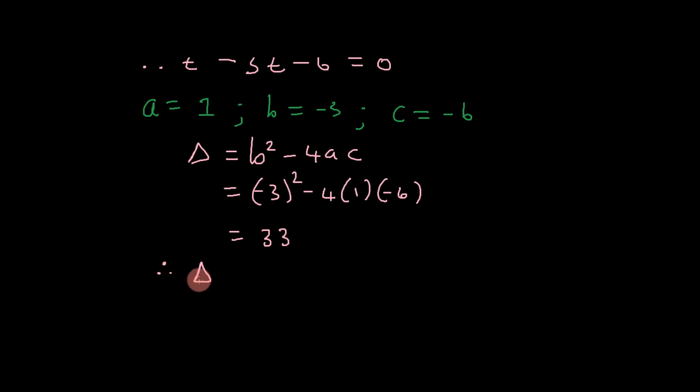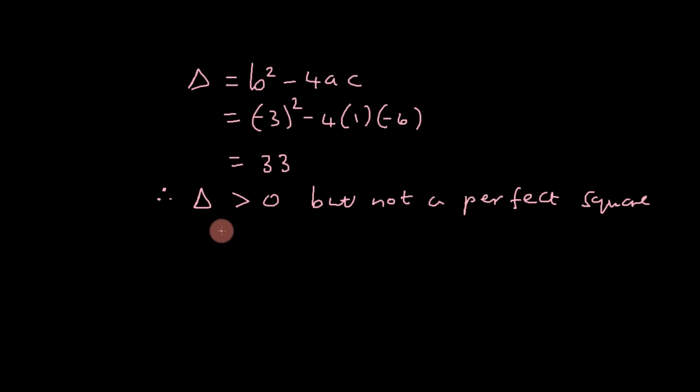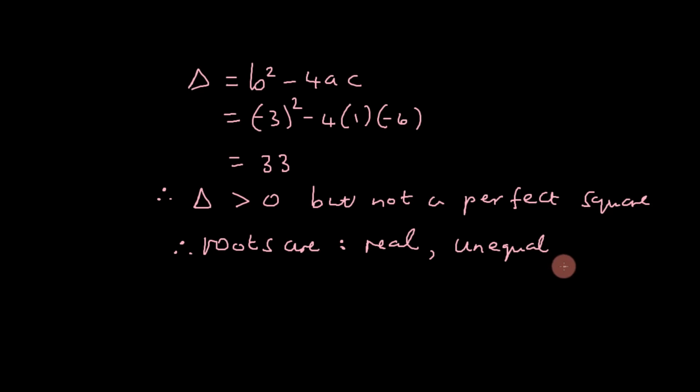So in this case, delta is greater than 0, but not a perfect square. And so the roots are real, since delta is greater than 0, unequal, since delta isn't equal to 0, and irrational. So irrational, since delta is not a perfect square.